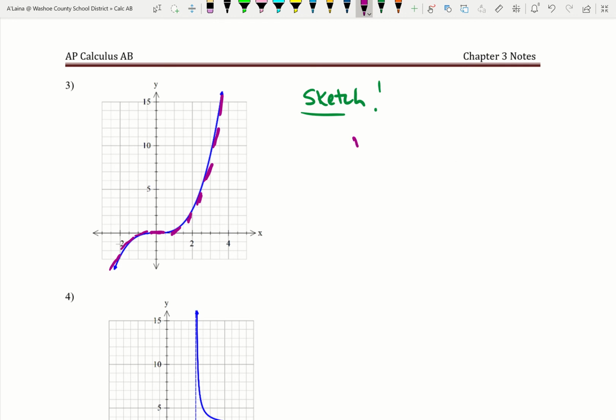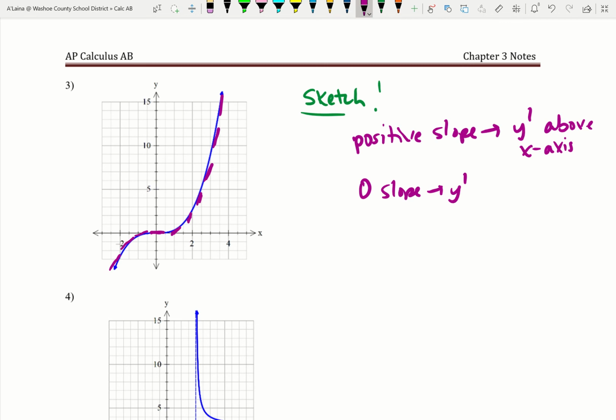So really, if I have a positive slope, then y prime would be above the x-axis. And a 0 slope would mean y prime has a height of 0.